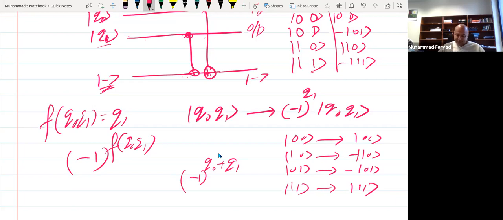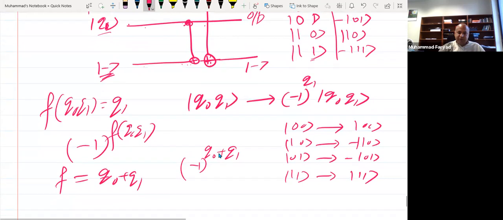So in this case, when I have two CNOTs, I have been able to implement functions like Q0 plus Q1. So sorry, F is just Q0 plus Q1.